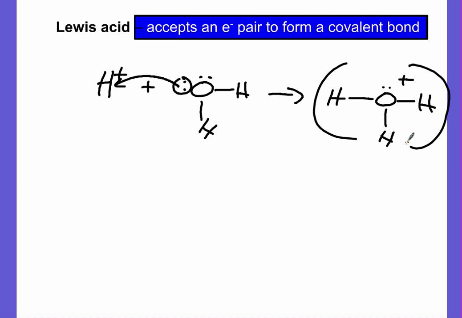So again, this is just kind of a strange context. It's the same thing we were talking about before, just a different way of looking at it. The water donates a pair of electrons that's accepted by this hydrogen to make a covalent bond.